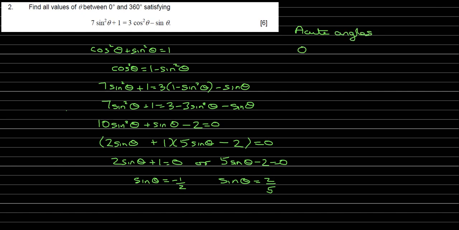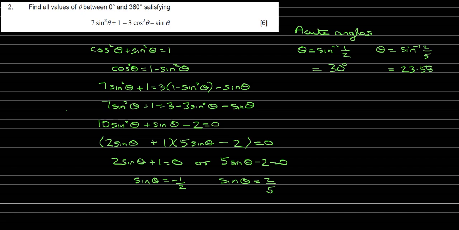So theta will be inverse sine of a half, which comes out to be 30 degrees on our calculators, and theta is inverse sine of 2/5, which comes out to be 23.58.